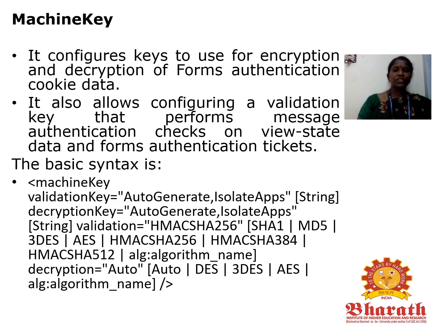Machine key: the machine key is used for encryption and decryption of authentication cookie data. It allows configuring a validation key that performs message authentication checks on view state data and form authentication tickets.